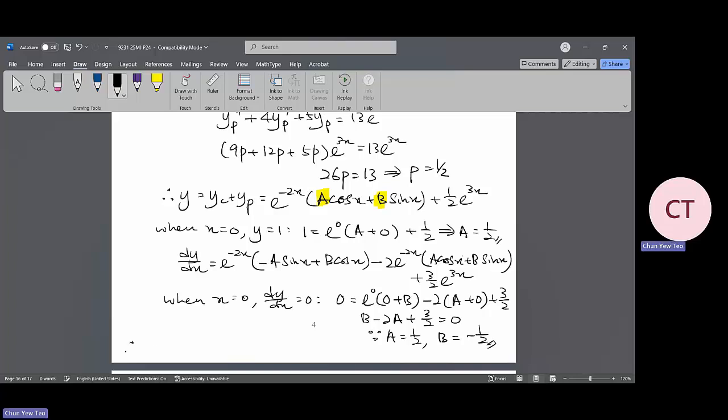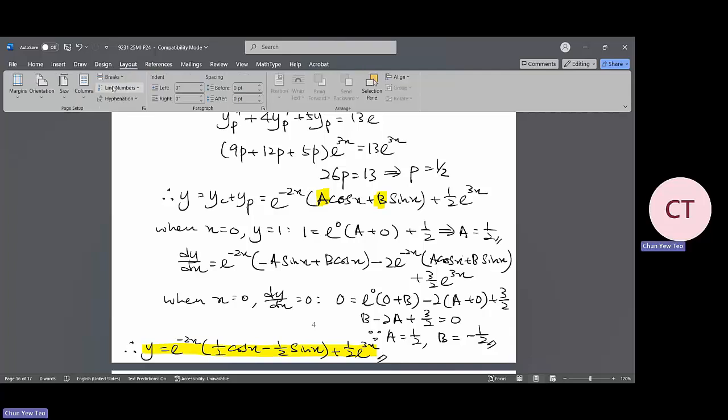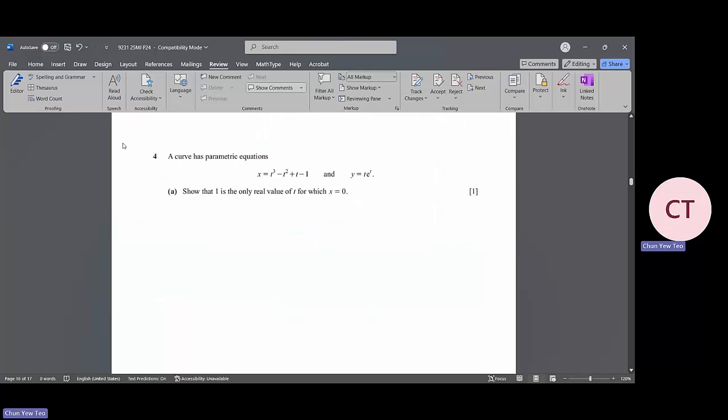So therefore, your final answer, your y will be equal to e power negative 2x, A cos x plus B sine x, plus a half e power 3x. Done. So this answer will be your particular solution for the second order differential equation over here. Done. So now we move on to question number 4.